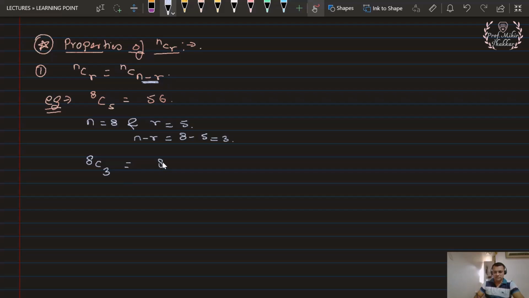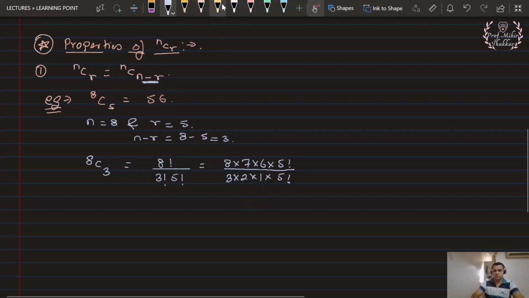As per my formula, 8 factorial upon 3 factorial and 8 minus 3, which is 5 factorial. That becomes 8 into 7 into 6 into 5 factorial, because the greater value is 5 factorial. 3 factorial is 3 into 2 into 1. Once again, cancel off 5 factorial, 3 into 2 is 6. So yes, I get the answer as equal to 56. So it means that 8C5 is also 56 and 8C3 is also 56.